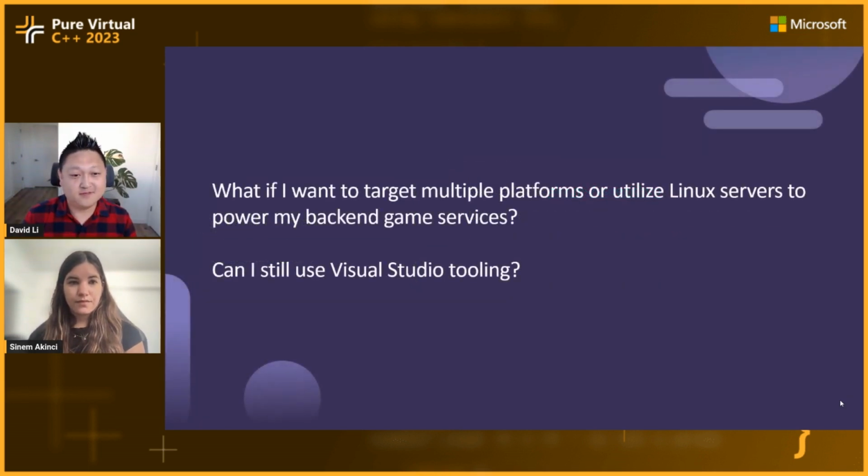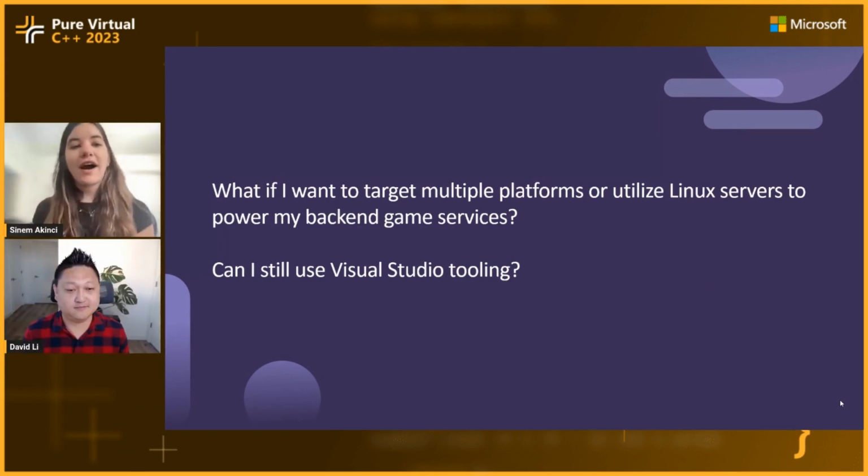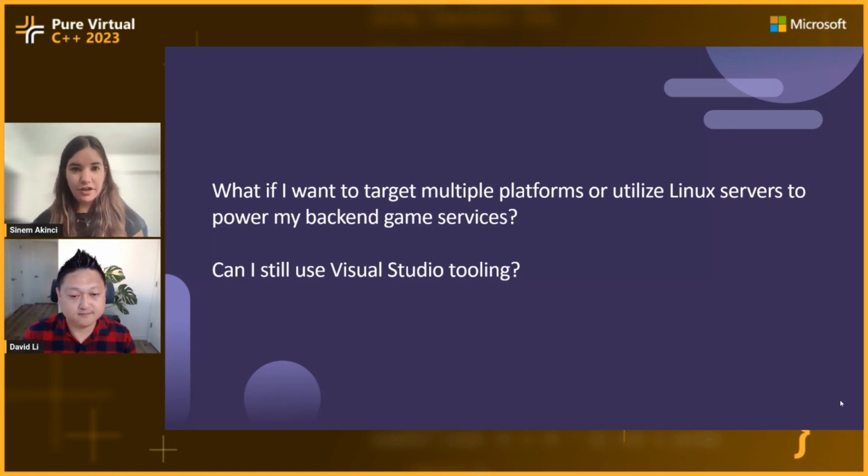So Sinem, tell us about how we can expand game development, not only from Windows, but to Linux and Mac as well. Yeah, so a common problem that we hear from game developers is their need to target multiple platforms or utilize Linux servers to power the backend game services.